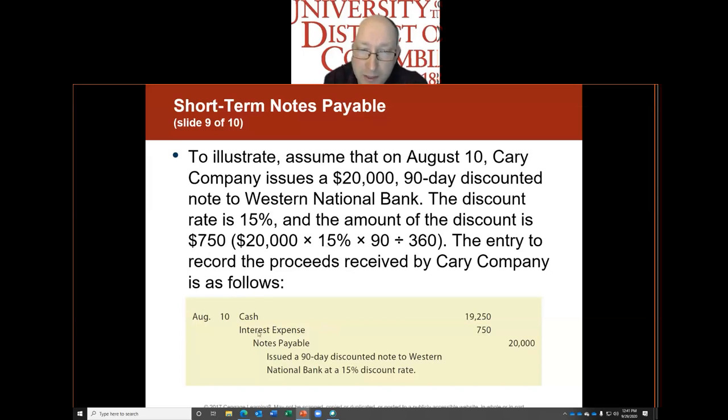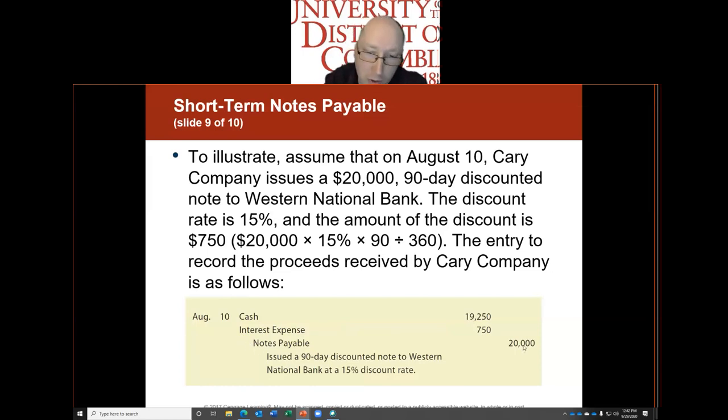And we enter it like this. We debit our cash by $9,250. The reason why it's $9,250 is because of the 15% interest rate for 90 days. So we receive $9,250. We debit our interest expense to increase interest expense by $750. And we credit our notes payable by $20,000.